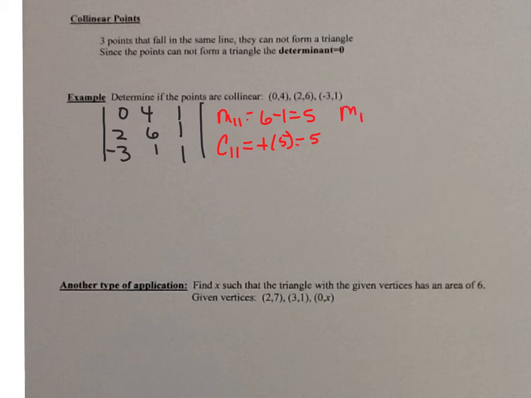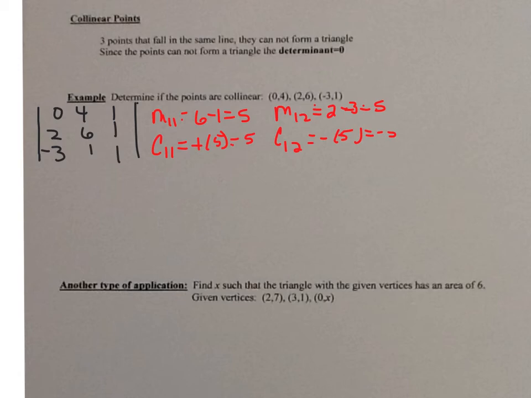Minor 1,2 is going to be 2 minus negative 3, which is positive 5. So cofactor 1,2 is going to be negative 1 times 5, which is negative 5. And then we need minor 1,3. So minor 1,3 is going to be 2 minus negative 18, which is 20. So my cofactor 1,3 is going to be positive 1 times 20, which is 20.